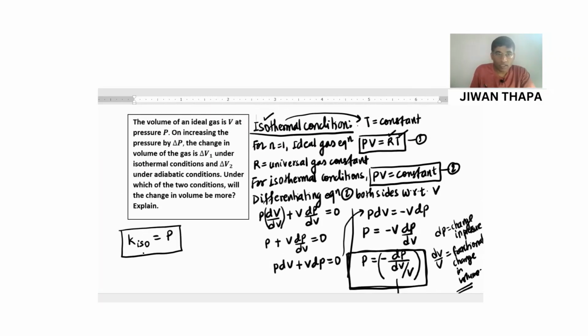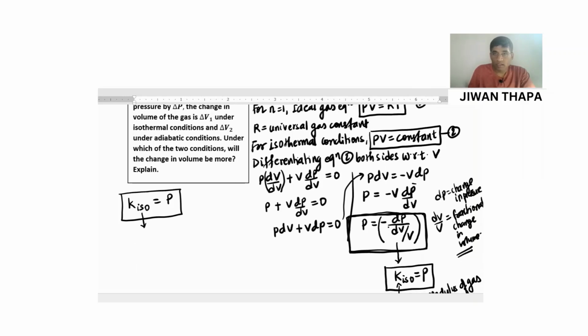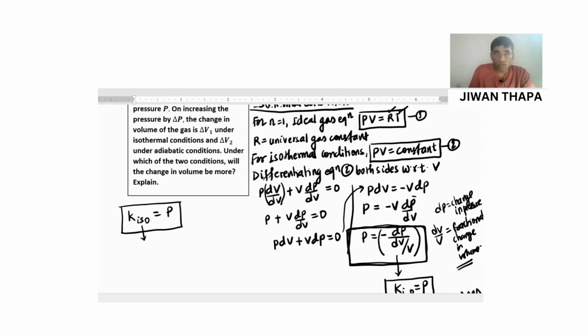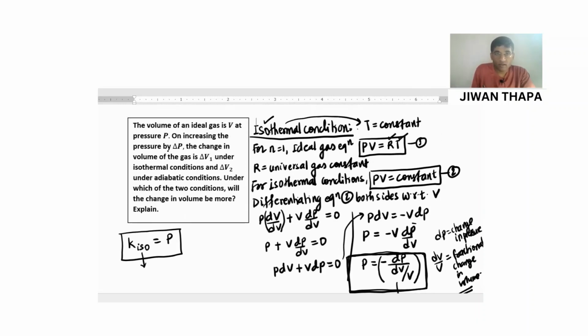We know K iso. From this equation, we can see the term inside the bracket is K iso, and K iso is the change in pressure divided by the fractional change in volume.